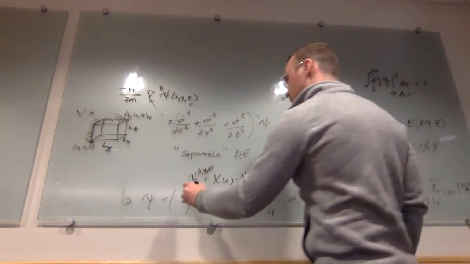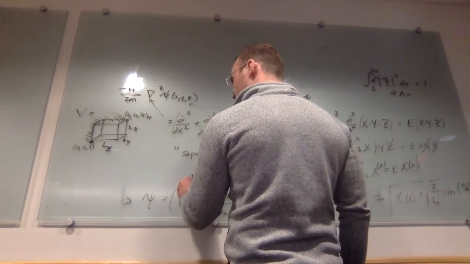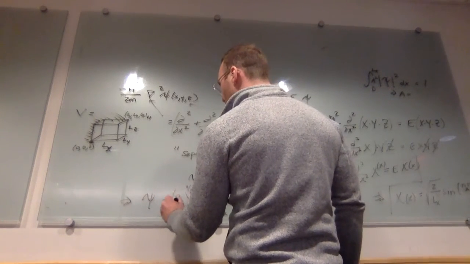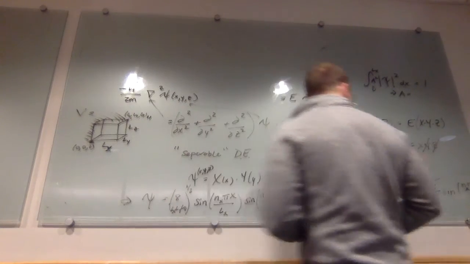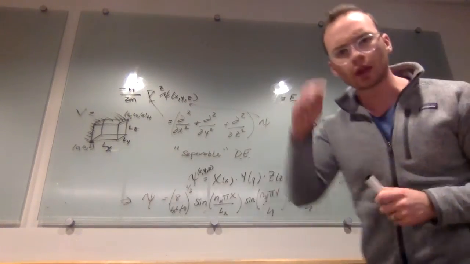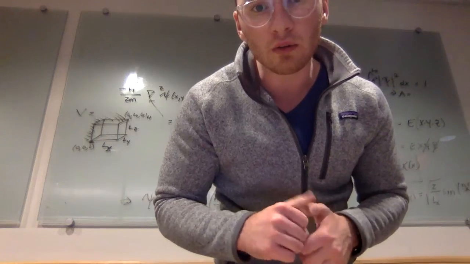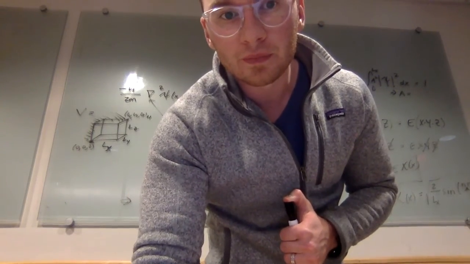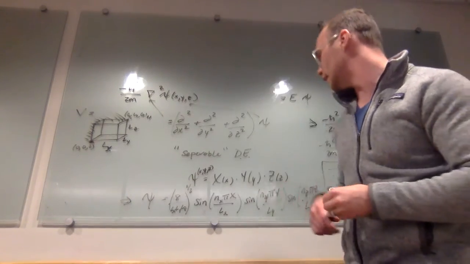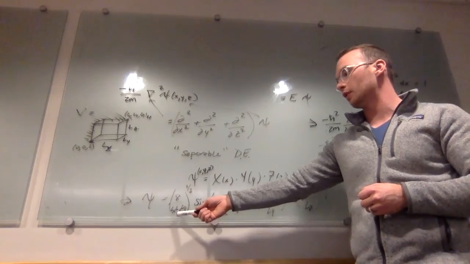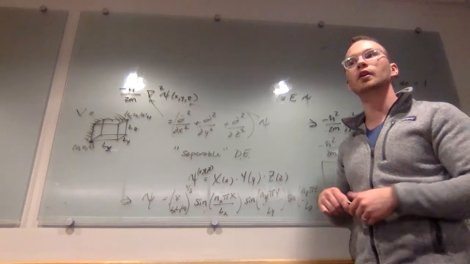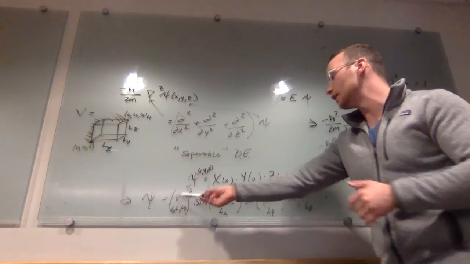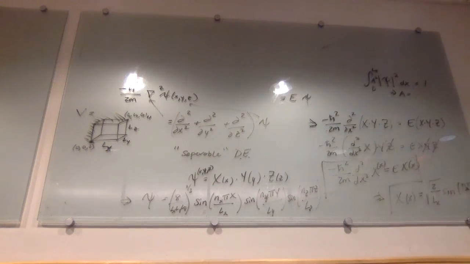And then this is going to be square root of 8 over V. They write V as the volume, which is just, of course, Lx Ly Lz. And the 8 is from the 2's on top.